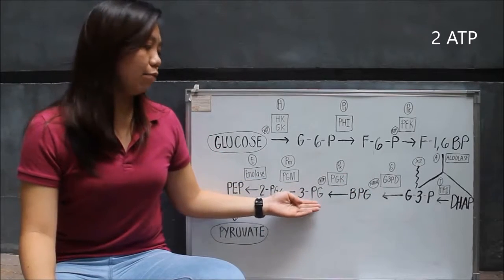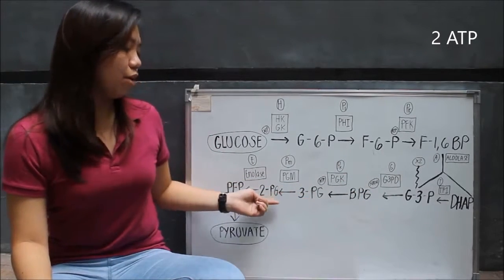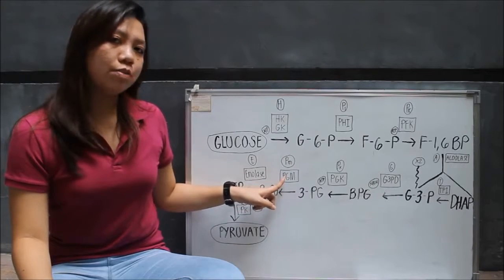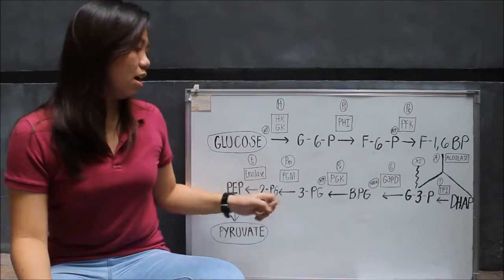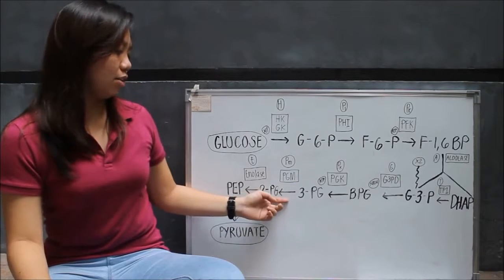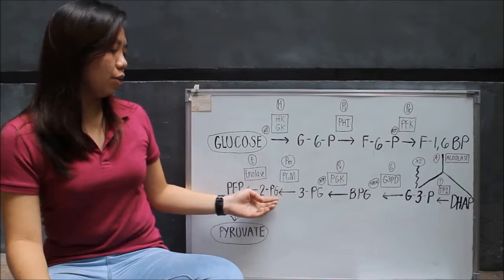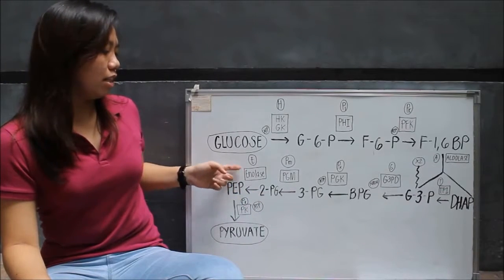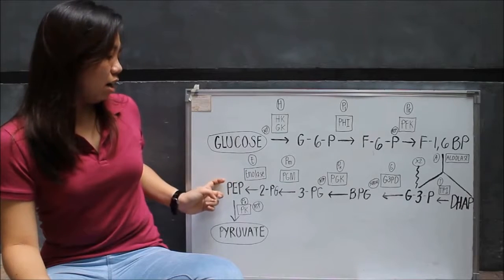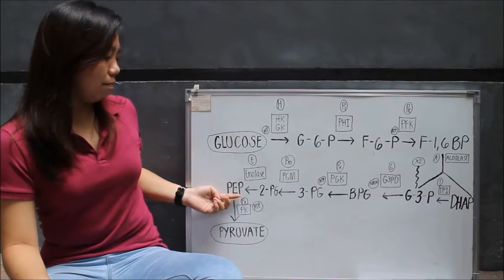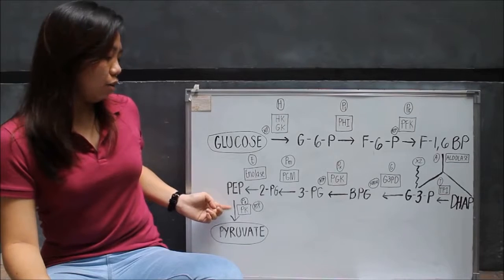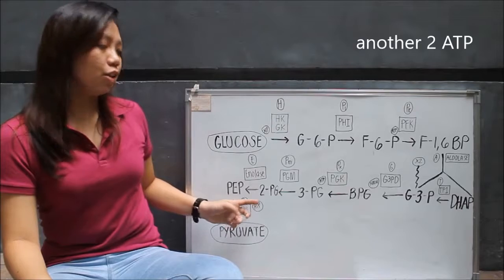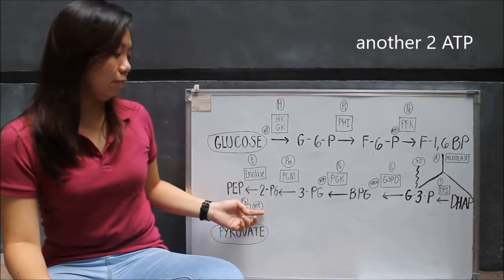After that, 3-phosphoglycerate will be converted into 2-phosphoglycerate using the enzyme phosphoglyceromutase. And then this molecule will be converted into phosphoenolpyruvate using the enolase. And then this phosphoenolpyruvate will be converted into pyruvate using pyruvate kinase to yield another molecule of ATP.